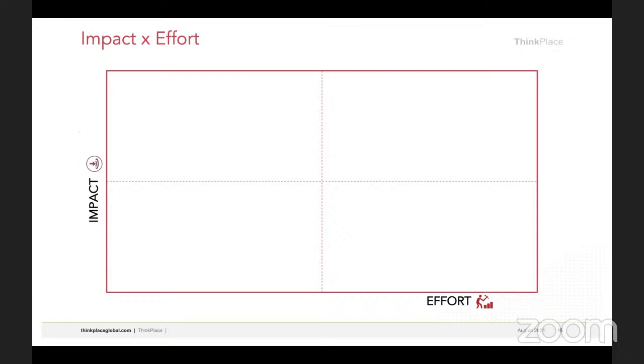If I decide to have an apprenticeship program, then that's high effort, but eventually it's going to give you high impact. So this tool basically helps you to prioritize which ideas to carry forward, and to also know how light or how heavy the work can be.